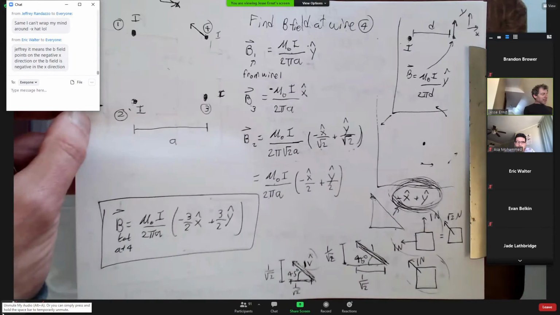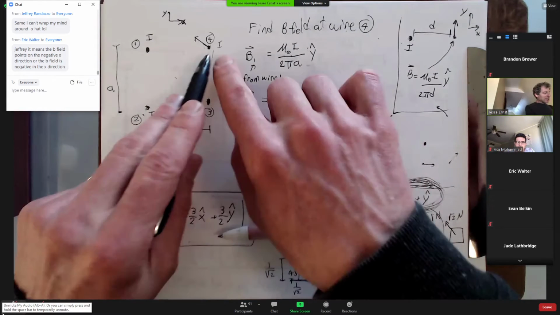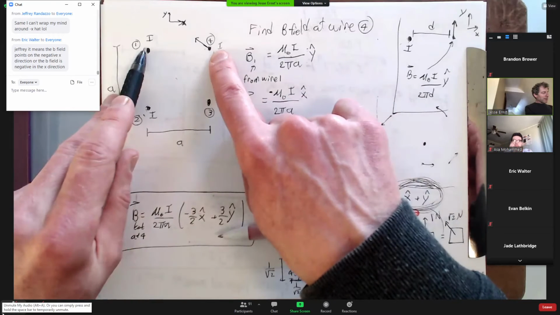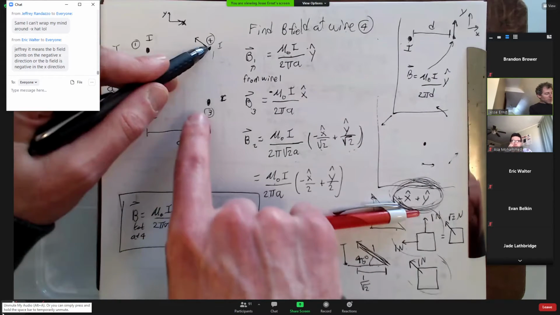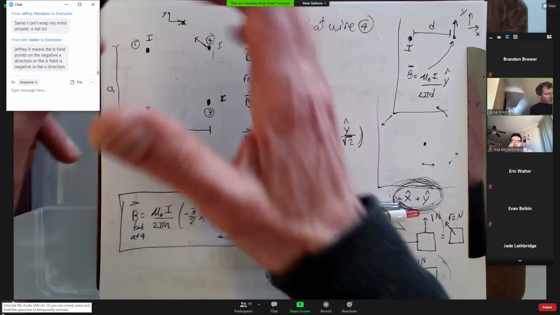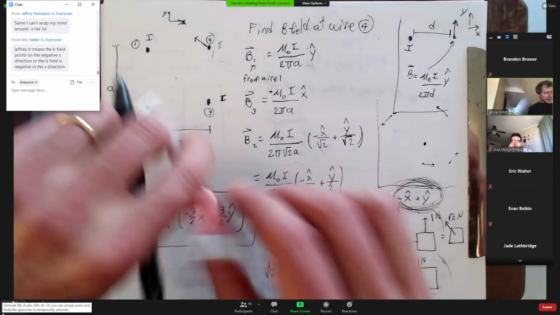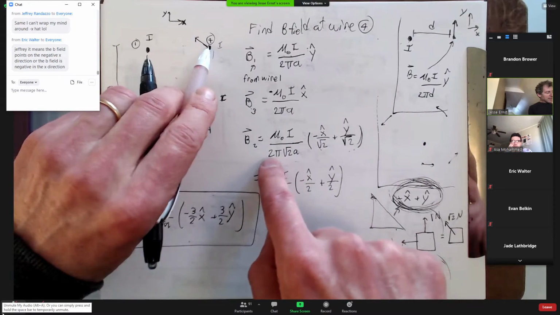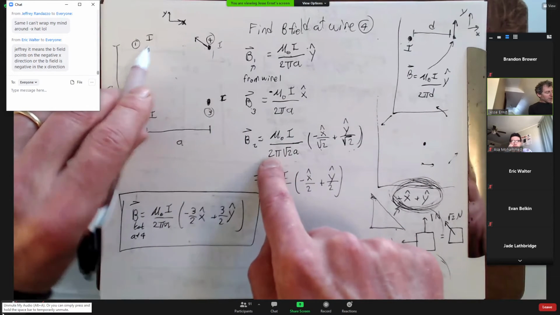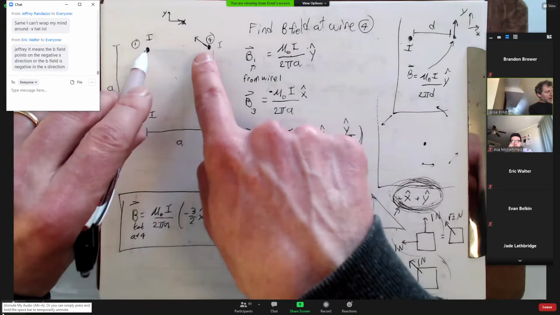We're just saying, look, this thing sees 3 wires nearby it. It sees a B field from this one that points that way because we're above it. This wire sees a B field from this one. If you look, where are we relative to this wire? We're off to the right.